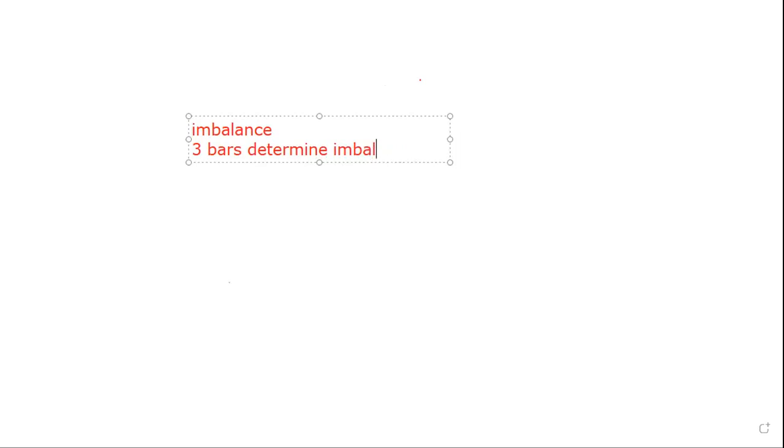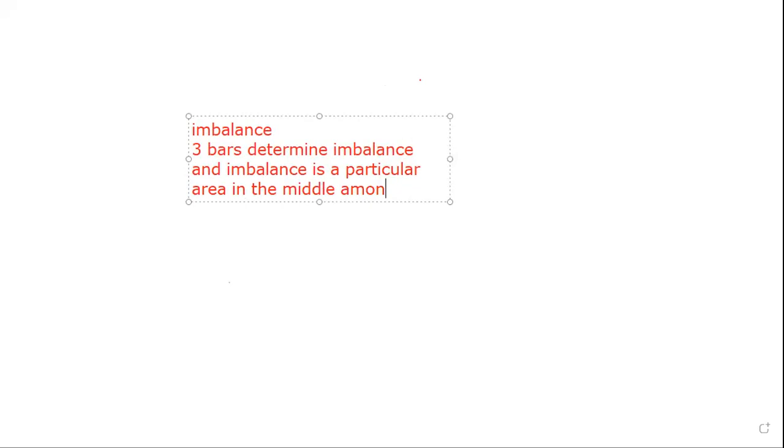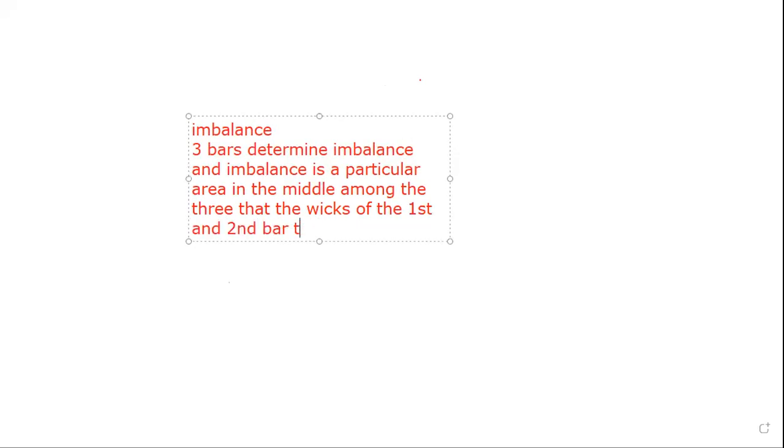3 bars determine imbalance. An imbalance is a particular area in the middle bar, among the three, that the wicks of the first and second bar did not cover.